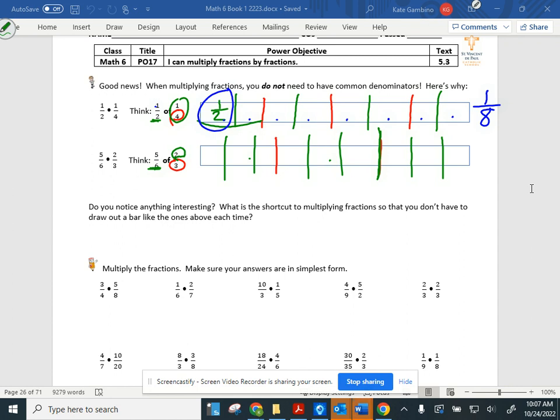Then how many sections do I need out of that? Well, this would be 1/6. This would be 2/6, 3/6, 4/6, 5/6, and 6/6. How many do I want? How many is that? 5.